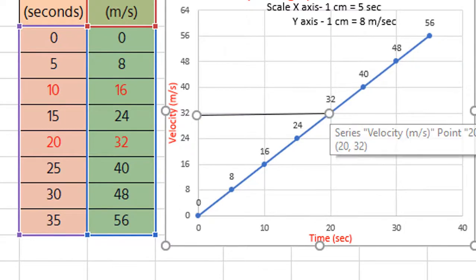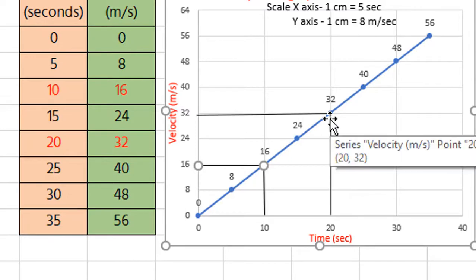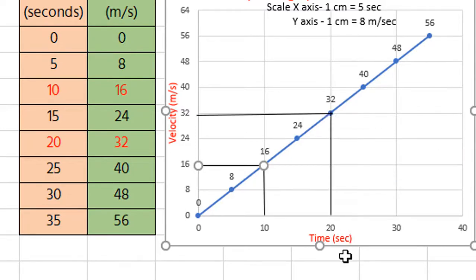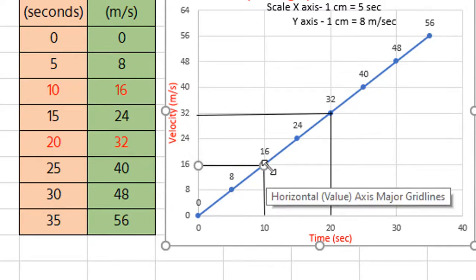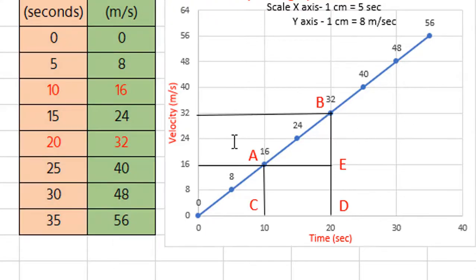The point 32 is joined on the x-axis as well as on the y-axis, and this point 16 is joined on the x-axis as well as on the y-axis. Now give names to the points in this graph.